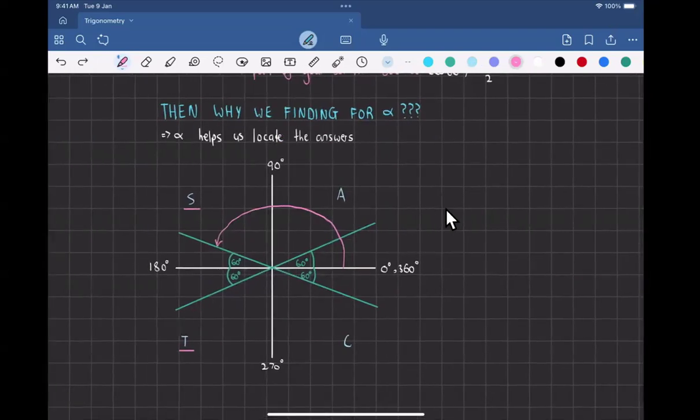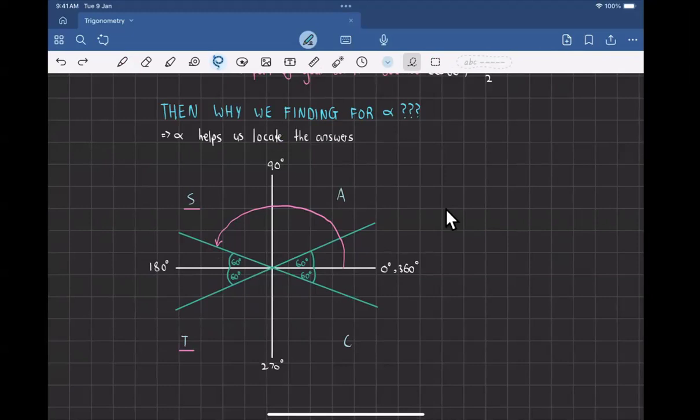So Kiara, you stop 60 degrees before what angle? 180. Right.